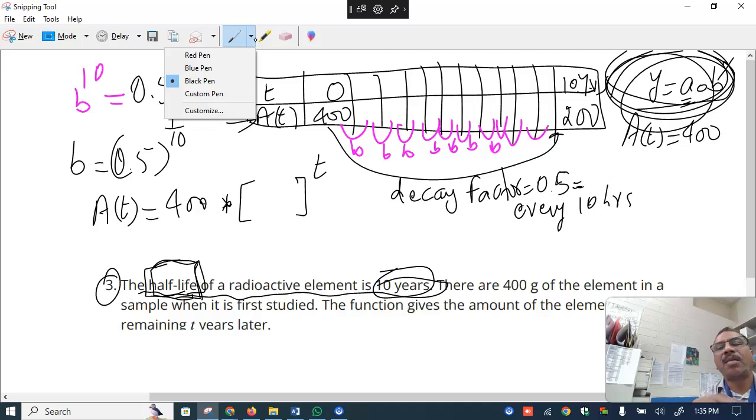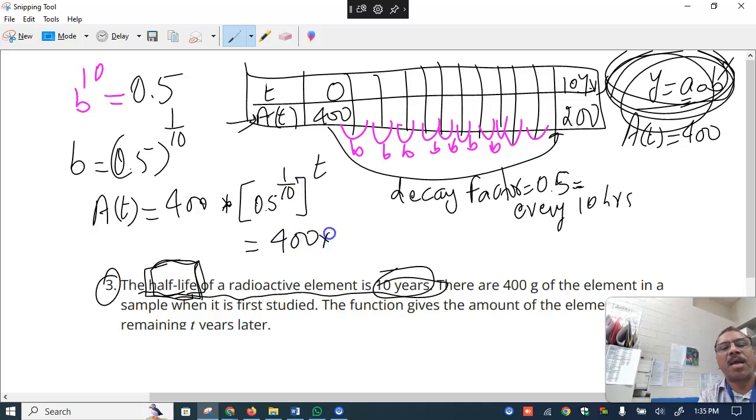So we got 0.5 raised to 1 over 10, which is the same as 400 times 0.5, but 1/10 means 0.1. So this piece is 0.1. I'll just write 0.1 times t. And that's it, you're done.